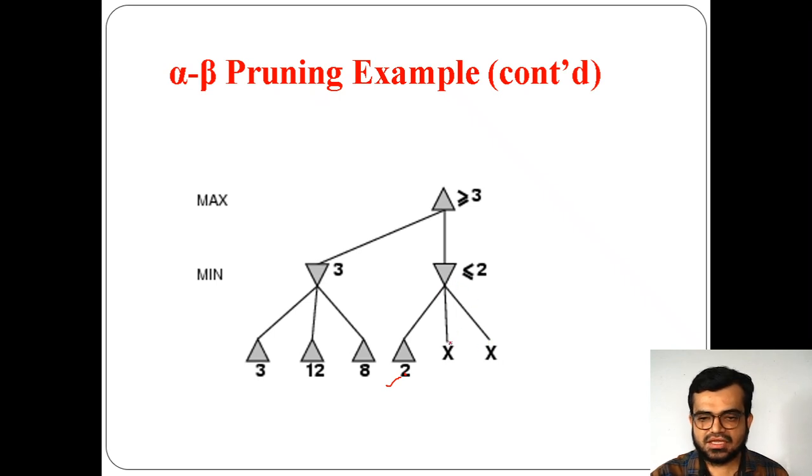Because ultimately we need to find the maximum value, and we know that the maximum value will be either equal to 3 or greater than 3. Here, if I am taking 2, then as this is a minimum node, it will take either 2 or it will take 1.